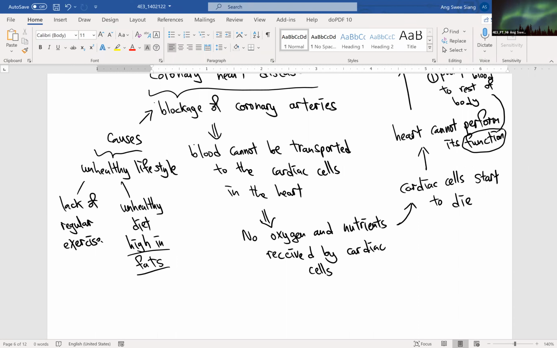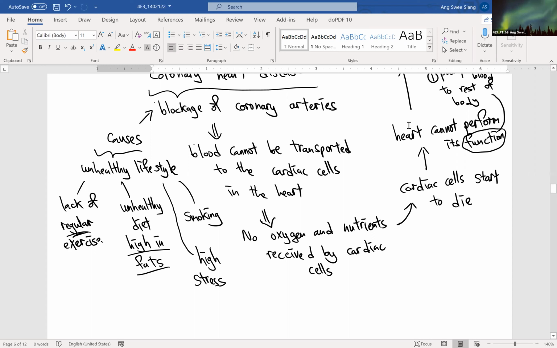So lack of regular exercise. Then the third one that is in your syllabus, smoking. Actually there's one more, consistent high stress. If you just use the word stress, I will not give you the mark. You must say high stress.